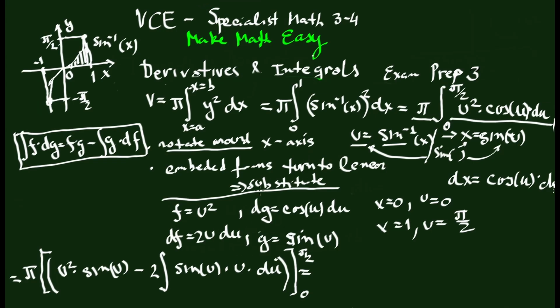Now we have seen that using integration by parts, you can lower the power of the variable. So if you want to lose this variable, we'll apply the integration by parts.